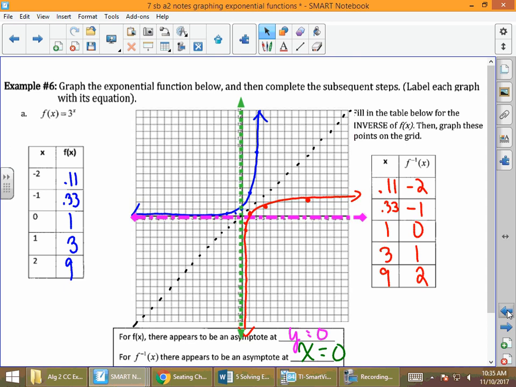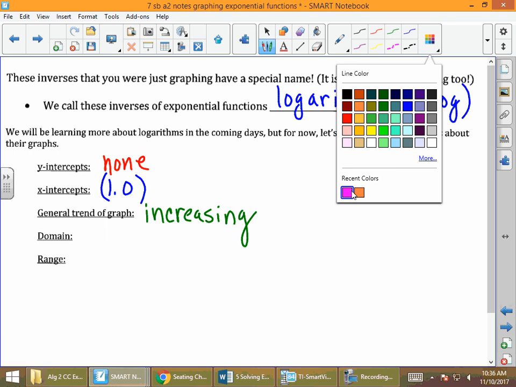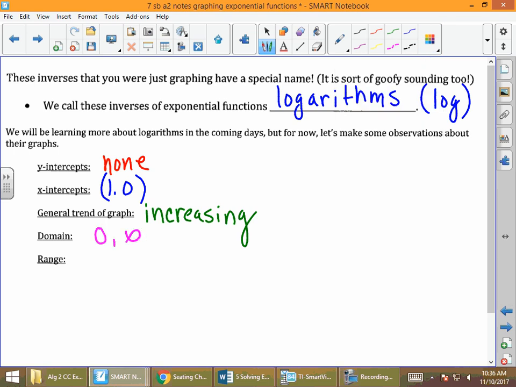The red graph can't break through that green dotted line. It's a solid figure that we're never going to cross. We're not going to touch it either. And because of that, our domain is going to be everything to the right of that green line. In interval notation, that means it's going to be from 0 to infinity.